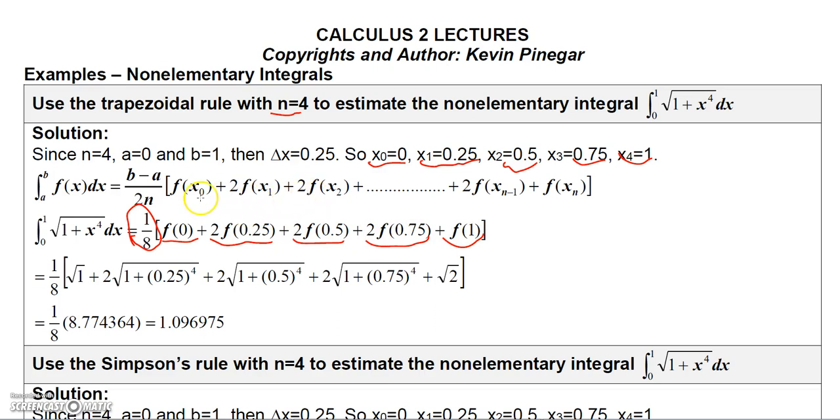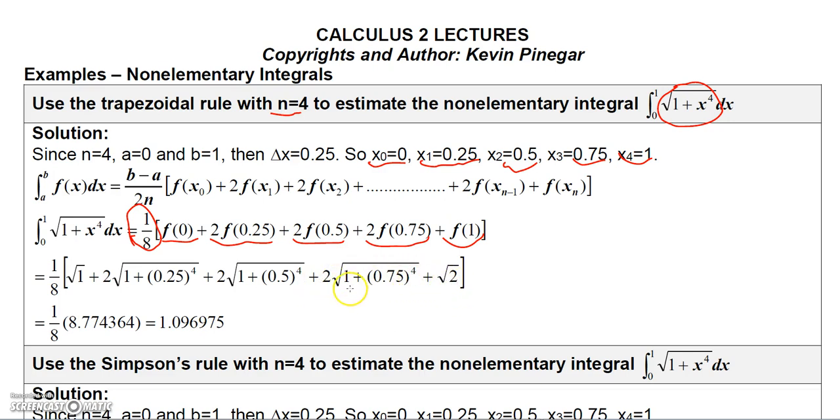Now all you do is plug these into this function, the square root of 1 plus x to the fourth. So that would be 1/8 times the square root of 1, plus 2 times the square root of 1 plus 0.25 to the fourth, plus 2 times the square root of 1 plus 0.5 to the fourth, plus 2 times the square root of 1 plus 0.75 to the fourth, and then plus square root of 2.